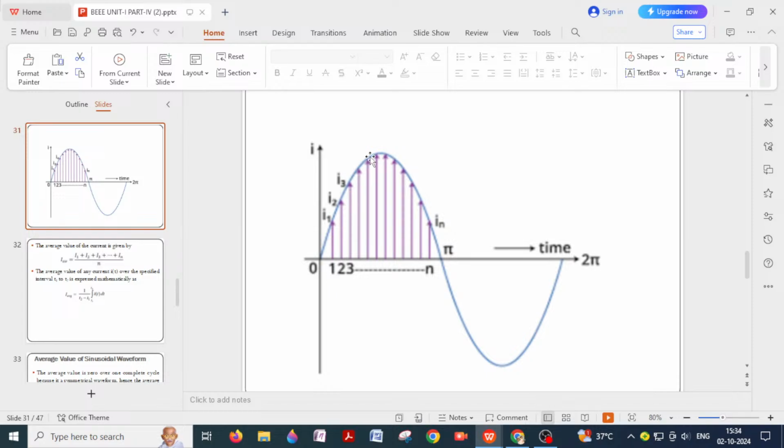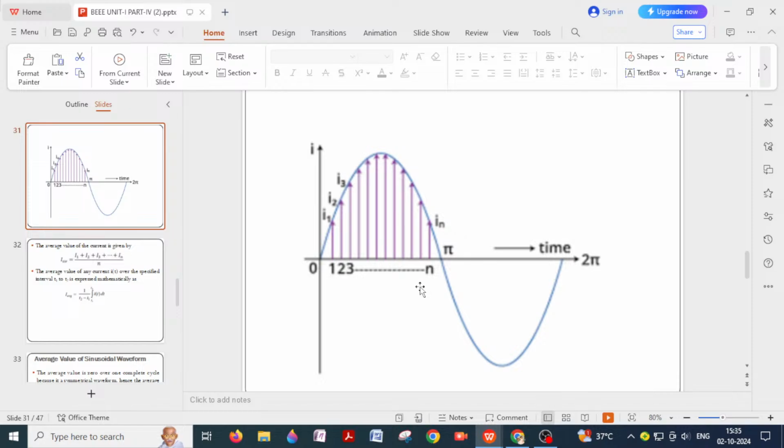If you take a half cycle of the given alternating quantity and divide it into n parts, then to get the average value, simply add all the instantaneous values I1, I2, I3, I4, I5, I6 and so on up to In, and divide by n, the number of parts.